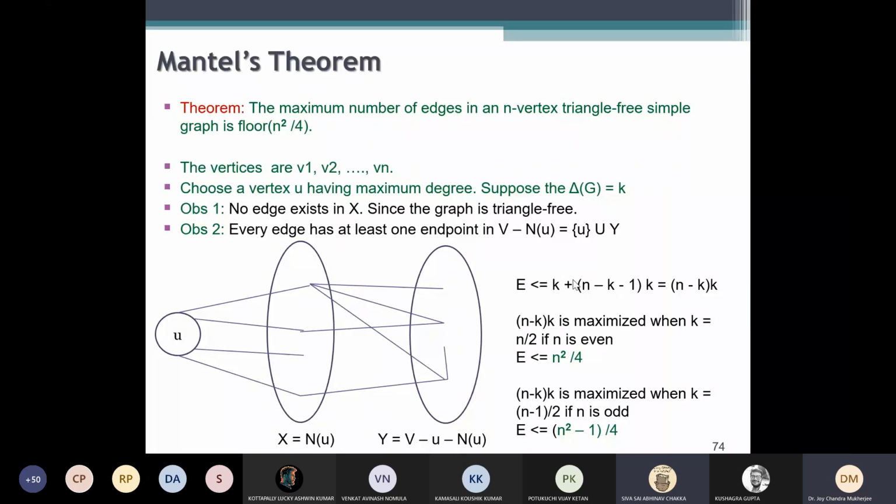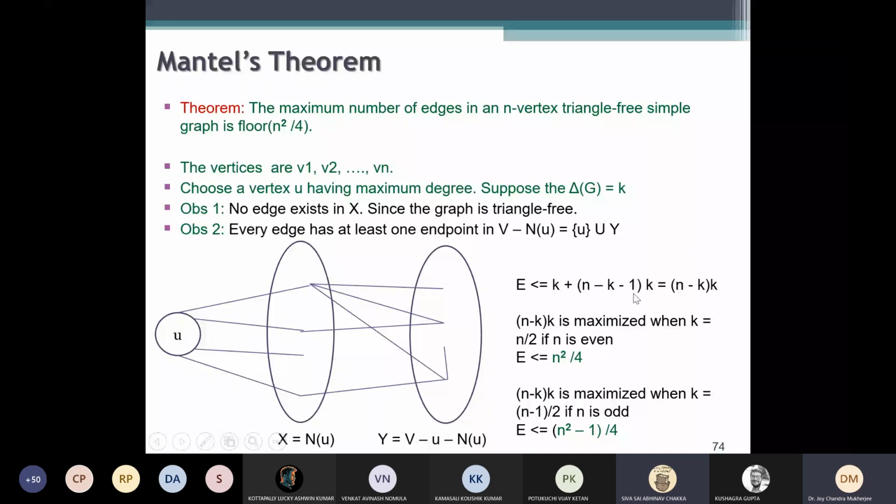Since every edge has at least one end point in V minus NU, the number of edges is less than or equal to K, coming from the K edges which are neighbors of U, plus the number of vertices in Y. If there are total n vertices in the graph, out of which K vertices are in X and one vertex is U, then mod Y, the number of vertices in Y, is n minus K minus 1.